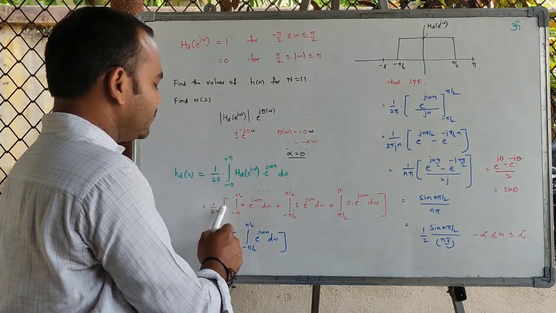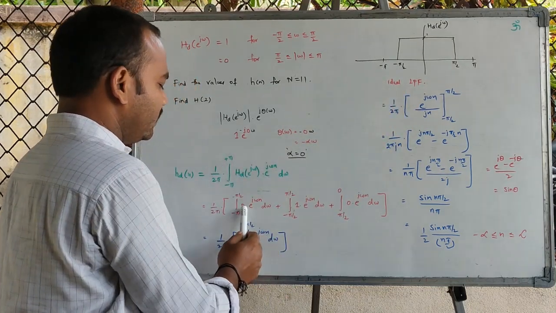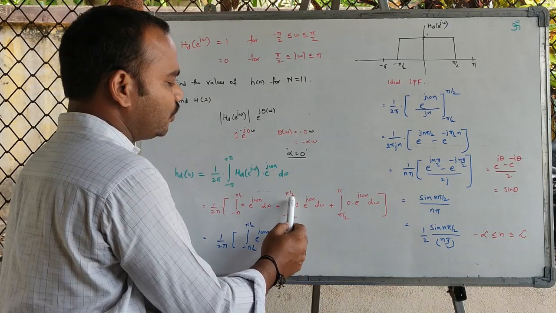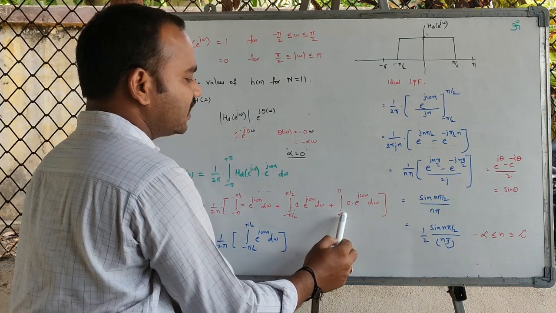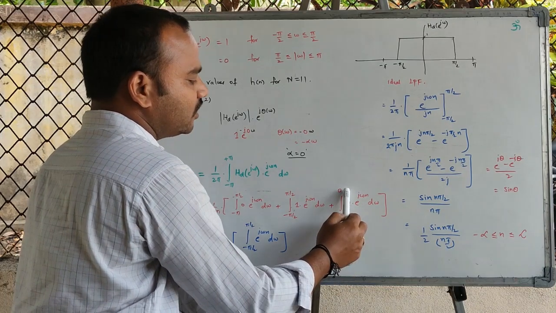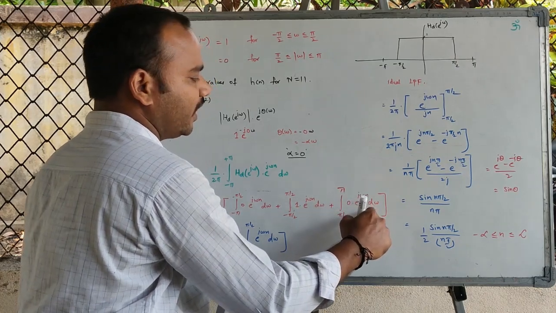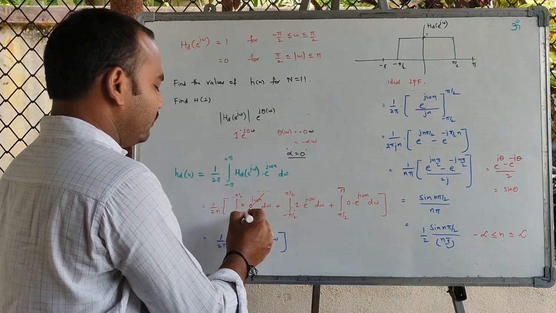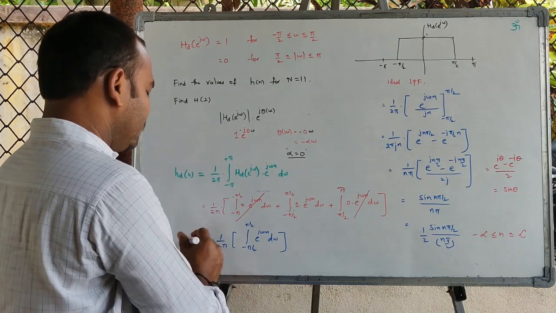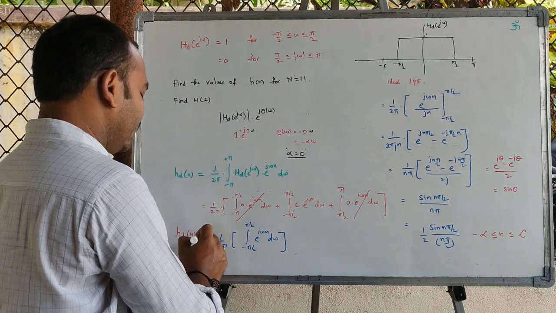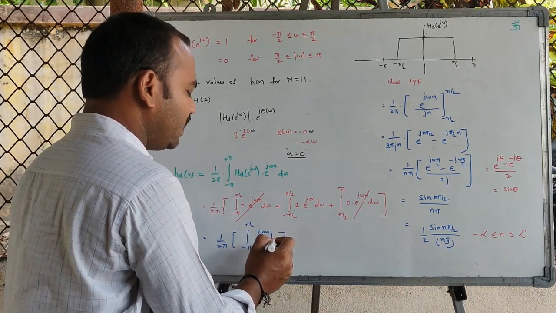If we expand this integration, from minus pi to minus pi by 2 it is 0, from minus pi by 2 to plus pi by 2 it is 1, plus the integral from plus pi by 2 to plus pi, which is 0, of e power j omega n d omega. Now these integrals will be 0, and we are left with this particular term, that is h desired of n is equal to 1 by 2 pi integral minus pi by 2 to plus pi by 2 of e power j omega n d omega.